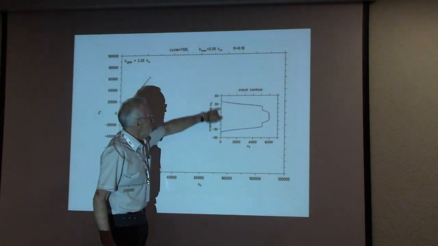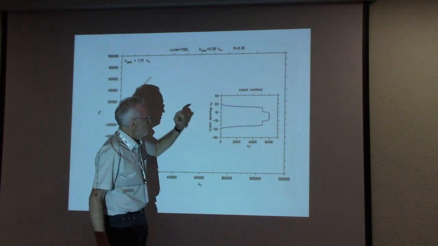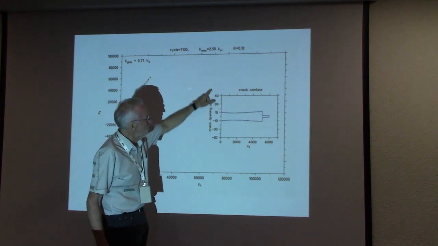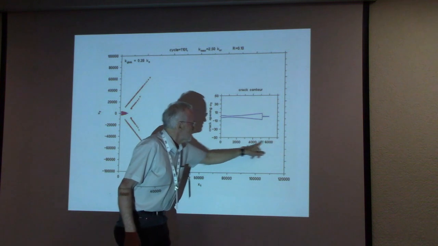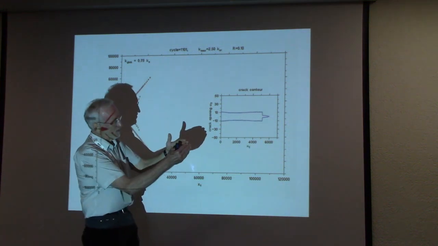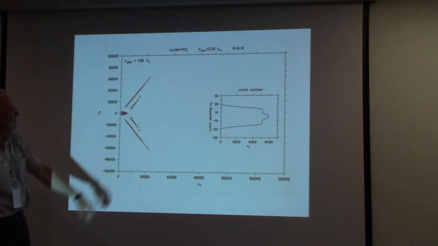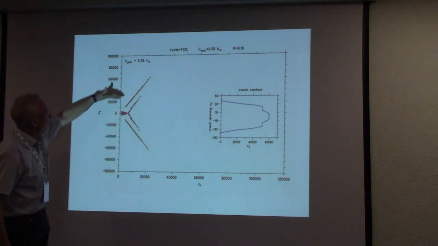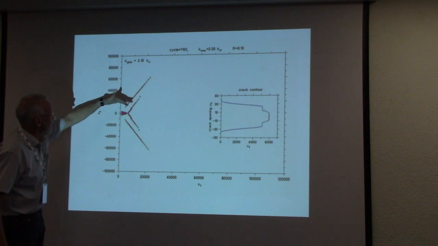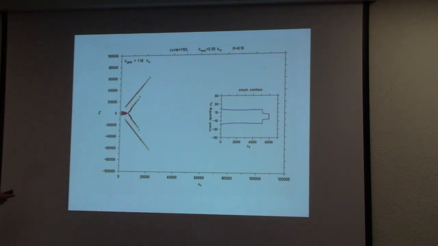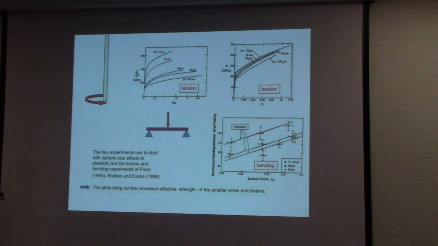This here is in units of Burgers vector, or you can assume units of lattice spacing. This scale is different to this scale, therefore you don't see this V shape of the crack. But what you clearly can see is that at the crack we have the emission of dislocations. They run back, and it really reflects what really happens at such small load.